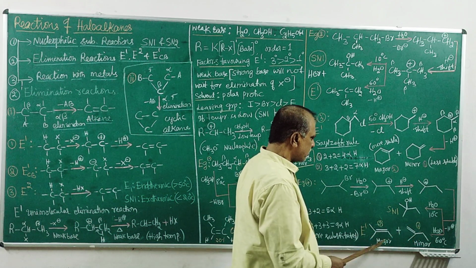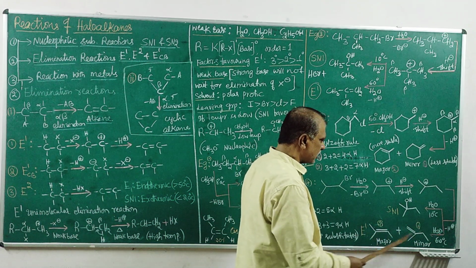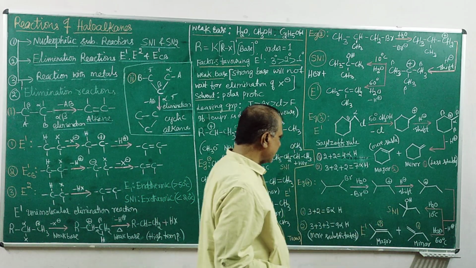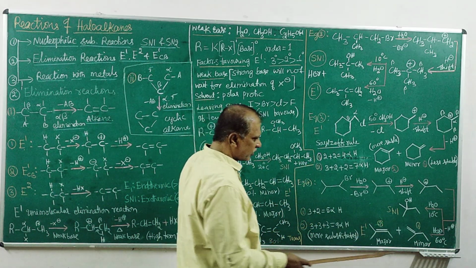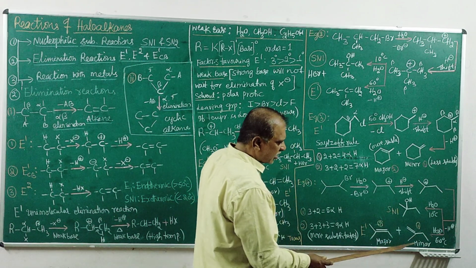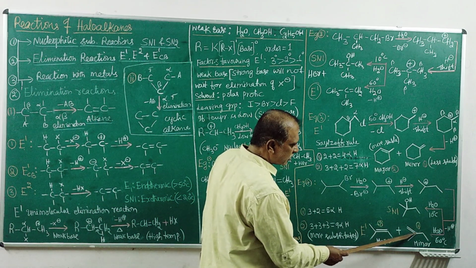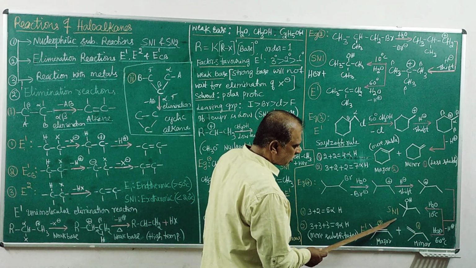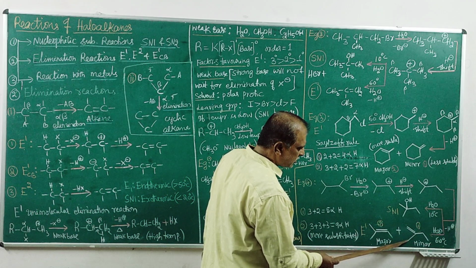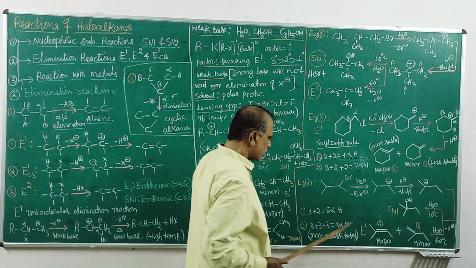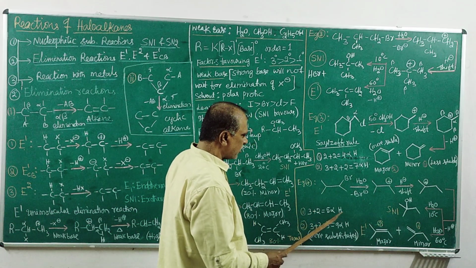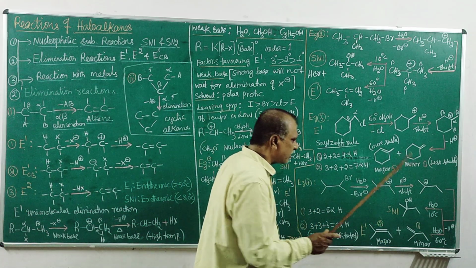Among these, again major and minor, more stable, less stable, it is again based on Saytzeff's rule. So the first configuration is minor. Calculate the number of alpha hydrogen. Here there is CH3, CH2, CH3, CH2, 3 plus 2, 5 alpha hydrogen with this alkene.